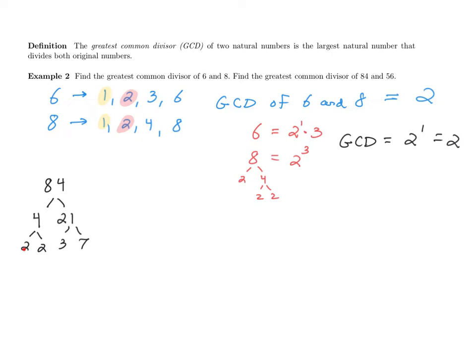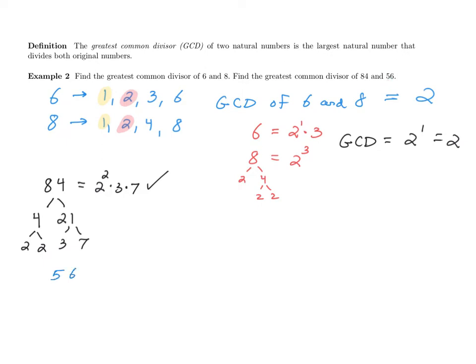Here you have two 2's, a single 3, and a single 7. And for this reason, the prime factorization of 84 is 2 squared because you have 2 of them, and then 3 times 7. And that's it. Now, what about the prime factorization of 56? I think I'll put that next.